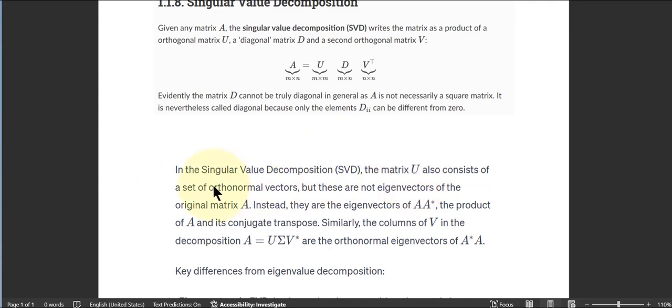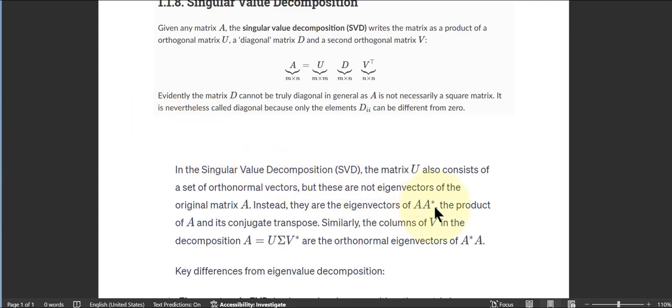Okay, so what are we talking about again? U consists of a set of orthonormal vectors, but where do these come from? We know about orthonormal vectors from a symmetric matrix, but we don't know that U is symmetric. In fact, generally speaking, not U, but A won't be symmetric, and so we can't do the same thing that we did earlier.